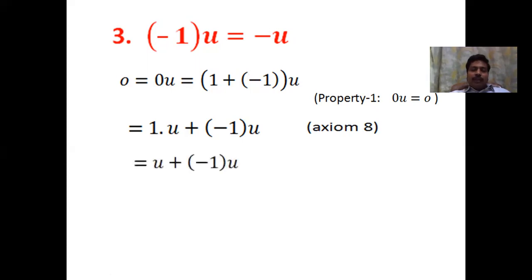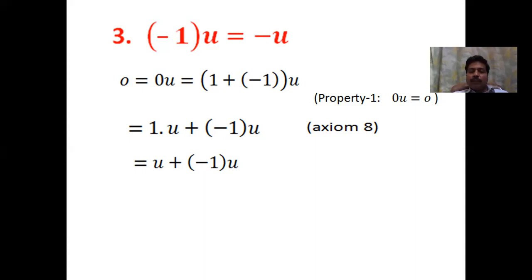From 8, we can distribute this as 1u plus minus 1u. From the 10th property, which is also crucial, we can write 1u is u. We already discussed that 1 is not the usual 1; it is the identity, the multiplicative identity in the field.